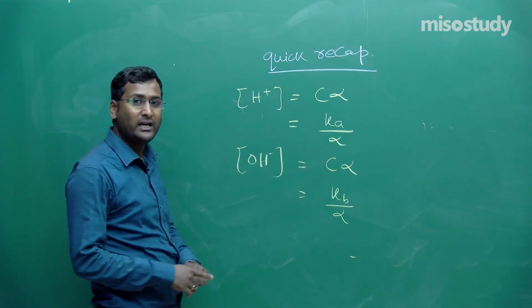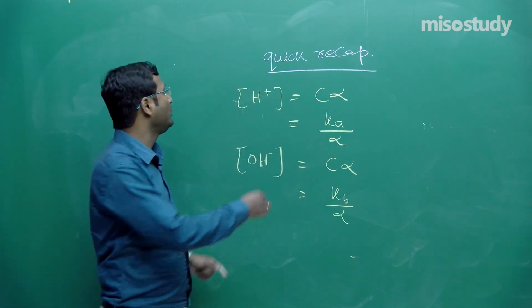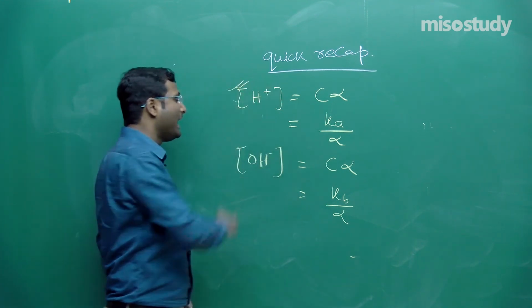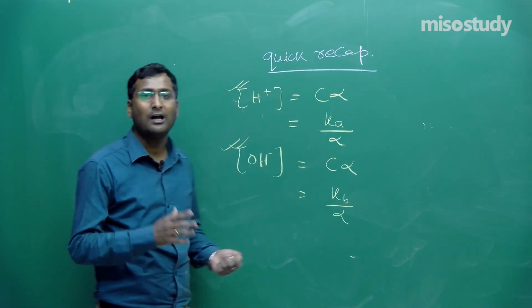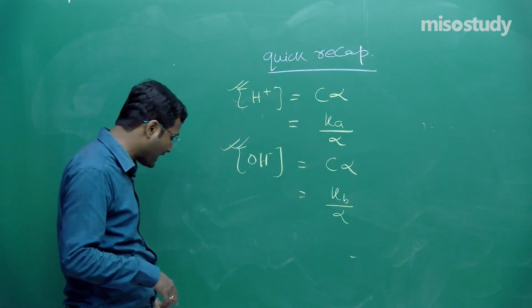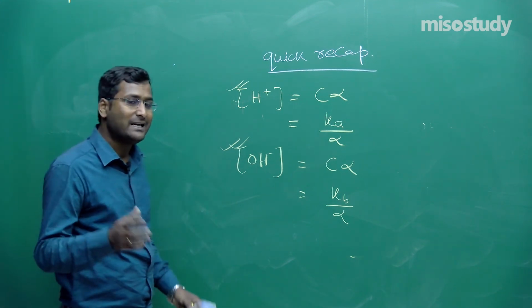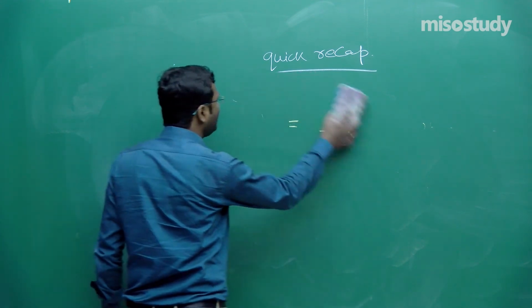Are you getting my point? If I put this value in pH, we can find out the value of pH for acid, value of pOH for bases. I think you all are getting the point. I have discussed pH and pOH. So there are many more questions related to pH and pOH. If you follow the trend, then you can easily solve.